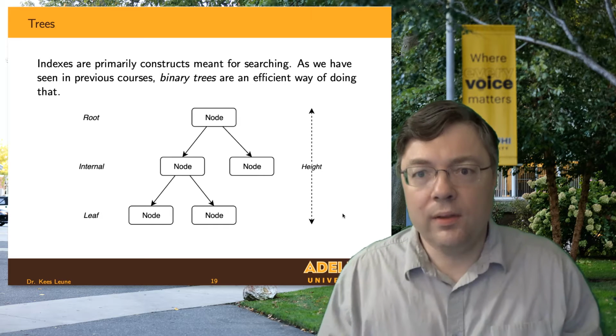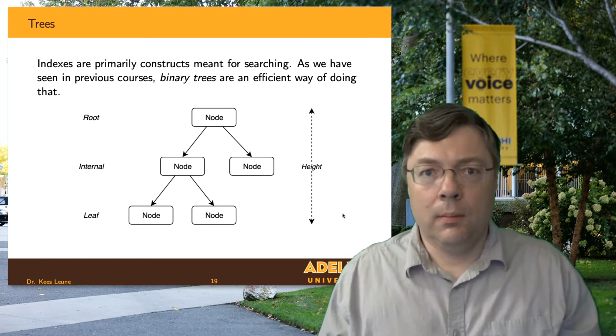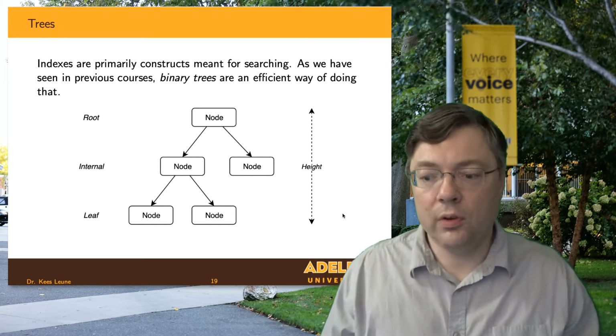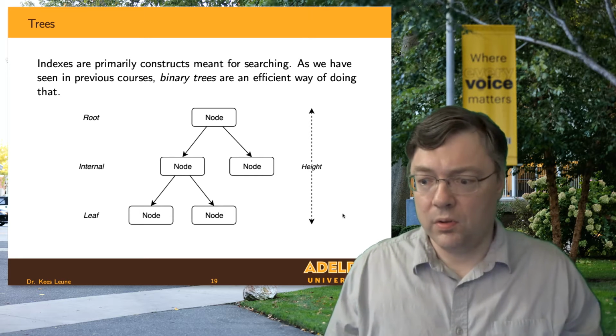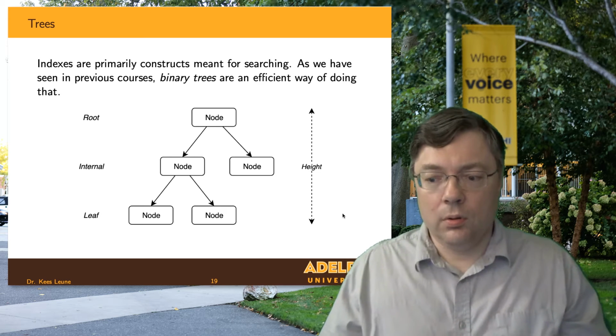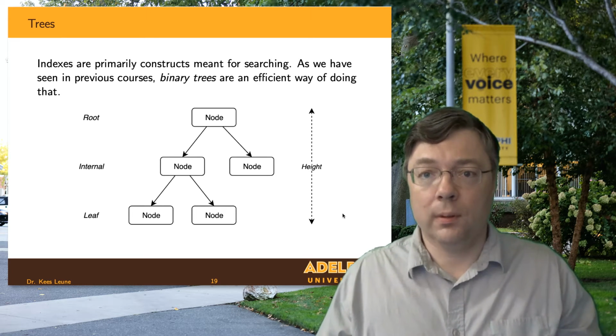What we do know is that from our computer science knowledge, especially when we talk about searchable data structures, we often deal with trees, and that these are computer science trees. And so a binary search, we've talked about that one in the past, is a very efficient way of searching.